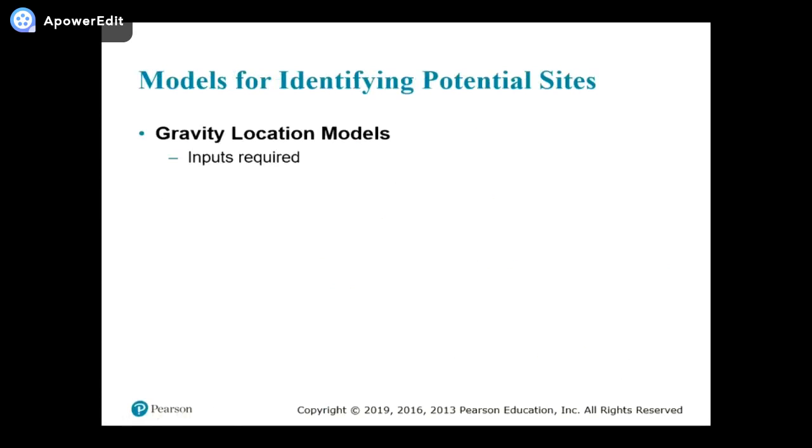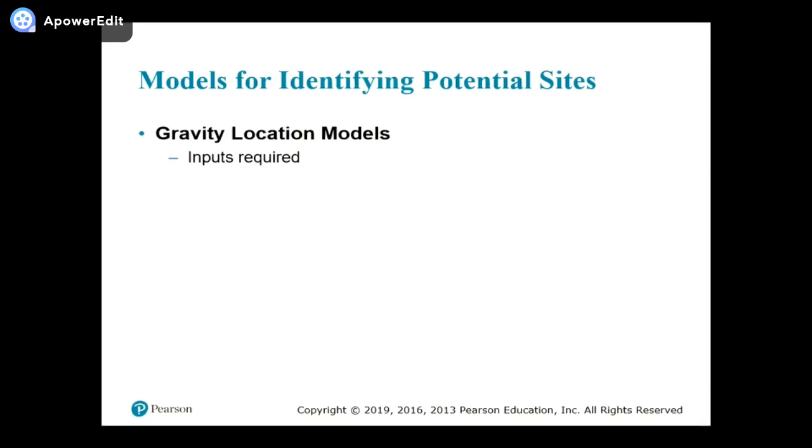Okay, so moving on. That was the second phase decisions for determining the rough configuration of different larger regions. And then the third phase is identifying potential sites. This can be done in different ways, and a popular method is using the gravity model.